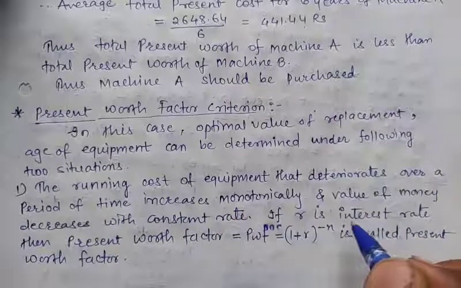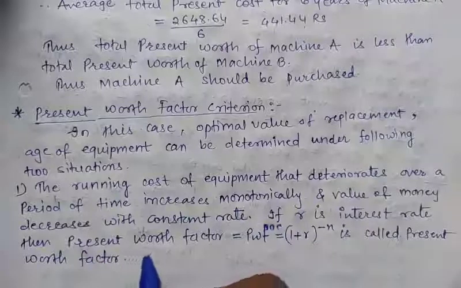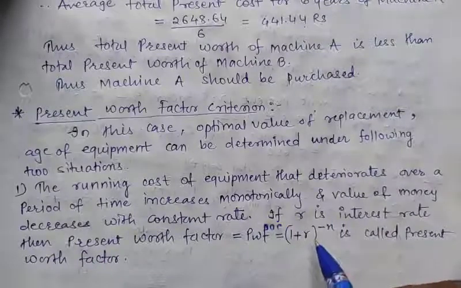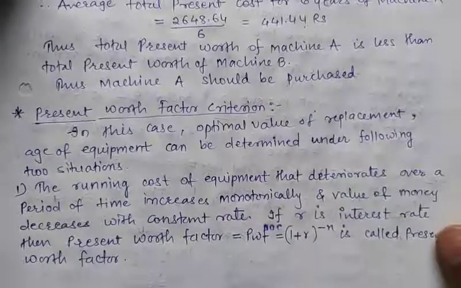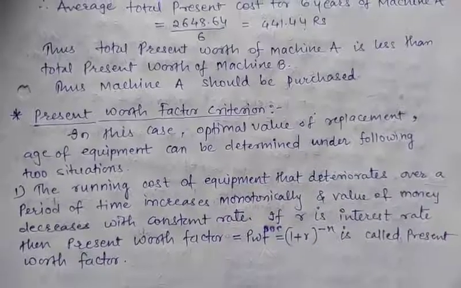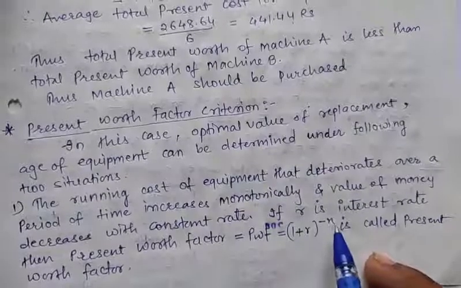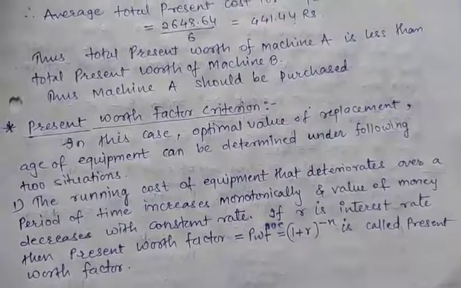If R is the interest rate, then the present worth factor can be calculated by using this formula: (1 plus R) raised to minus n is called the present worth factor, where R is the interest rate and N is the number of years.